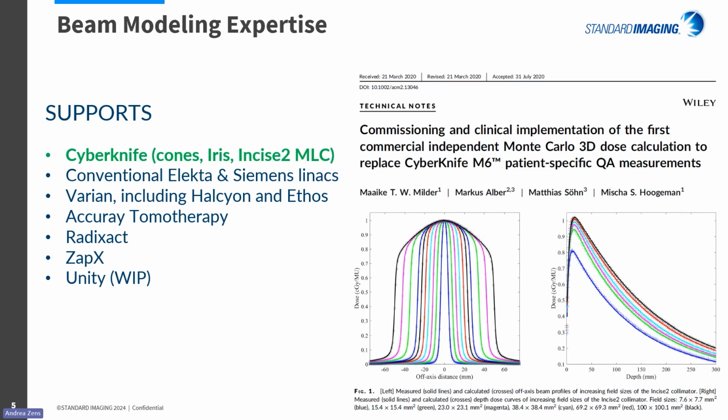It is the only independent Monte Carlo 3D dose calculation for CyberKnife systems, which when combined with QA StereoChecker make an excellent, robust second plan check and machine QA package for CyberKnife. And a publication for your reference on the commissioning and implementation of using the independent CyMocha dose calculation for CyberKnife patient-specific QA measurements.